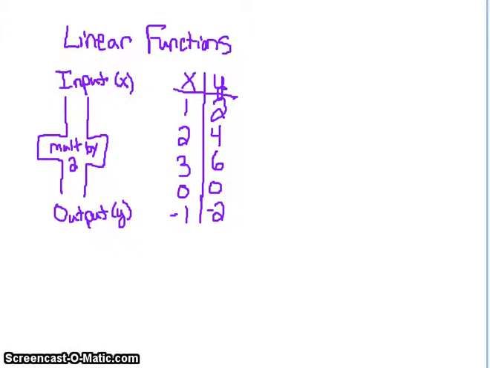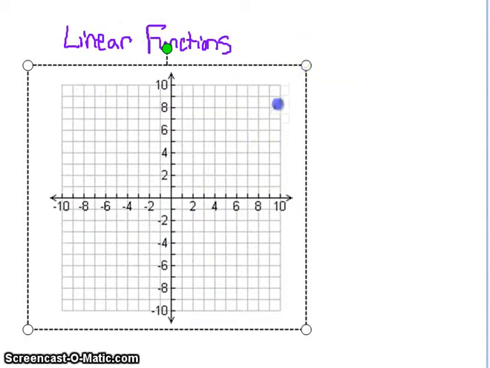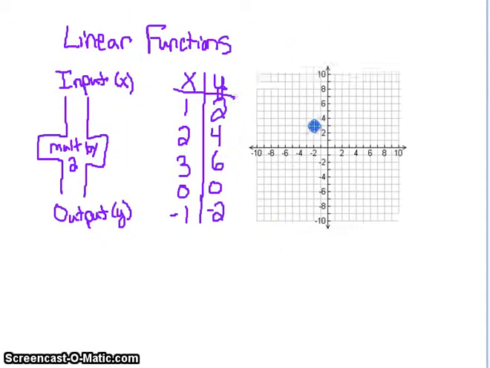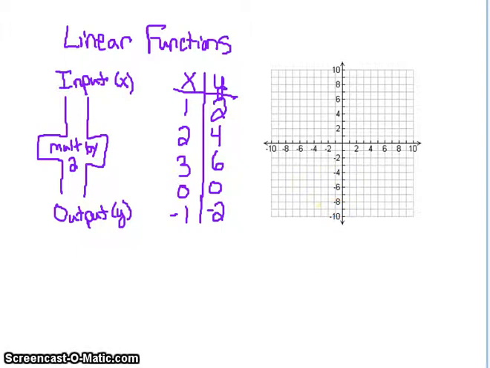What makes something linear, and sorry for my huge graph, is that if I were to graph these points, over 1 up 2, over 2 up 4, over 3 up 6, 0, 0, and negative 1, negative 2, we form a line.